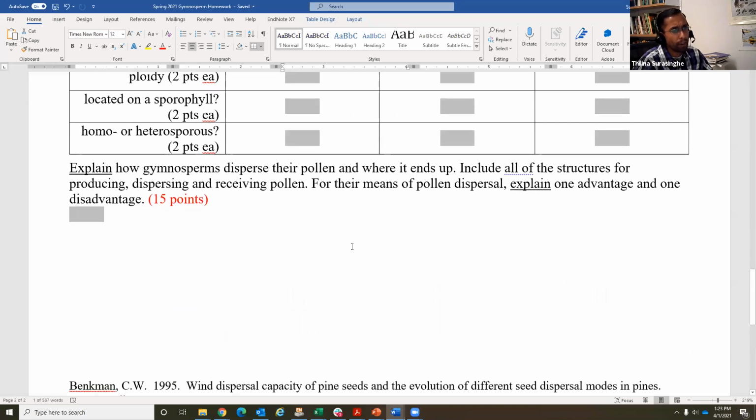How do gymnosperms disperse their pollen? We talked about the pollination part several times with respect to some of the display questions. So what I want you to do is discuss and elaborate on those advantages and disadvantages.